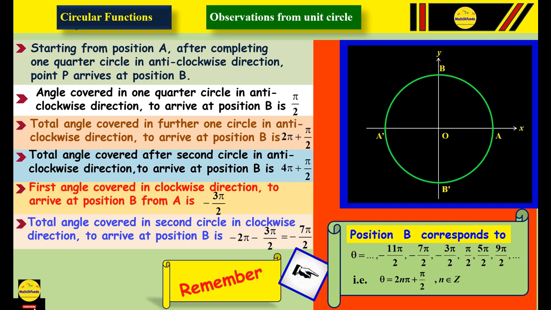If you see the numerator, you will see there is a difference of 4 pi there. Now 5 pi and 9 pi, again, there is a difference of 4 pi. So if you move to the left, that means now you will have to subtract. Okay. So pi minus 4 pi will give you minus 3 pi. Now, if you subtract further 4 pi from minus 3 pi, you will get minus 7 pi. So now you know why minus 11 pi by 2 is also in the list.